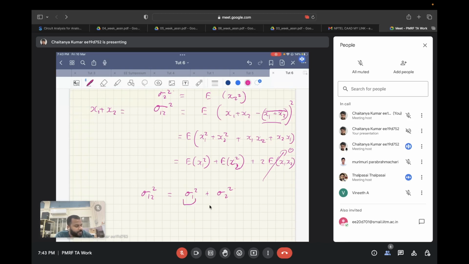So this is a positive quantity. This is a positive quantity. So the overall variance of the summation will be greater than each of them, right? Yes, sir, while summing it would be greater than the individual. So if all the noise sources are not activated, there will be some sigma 1 square.